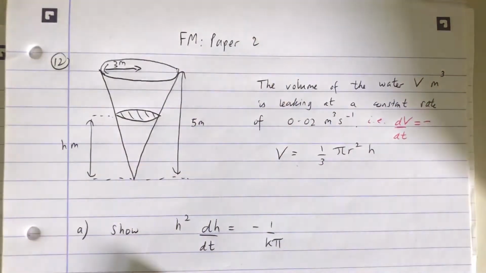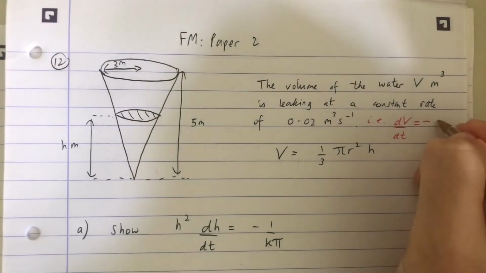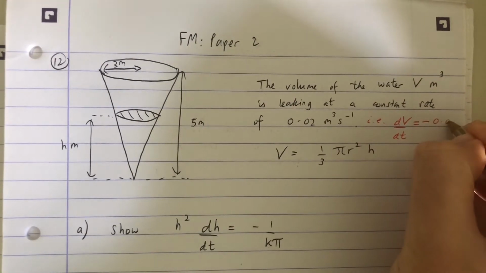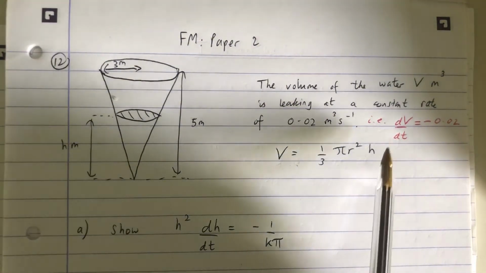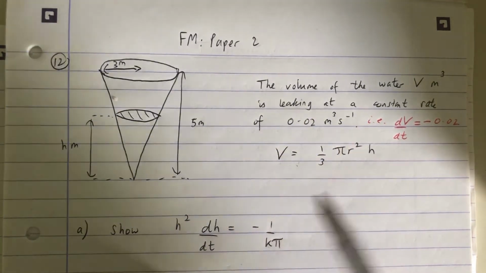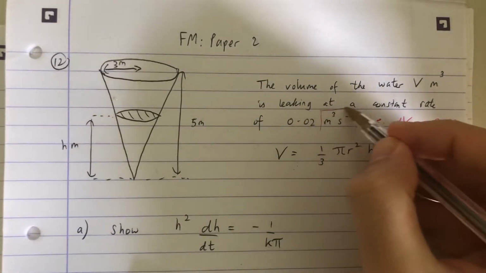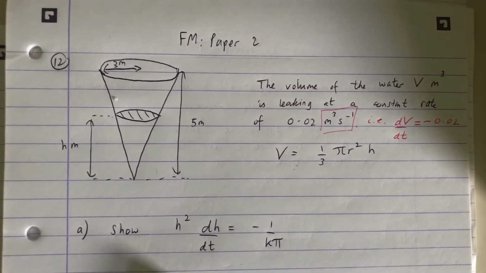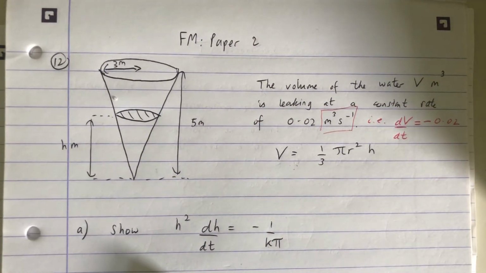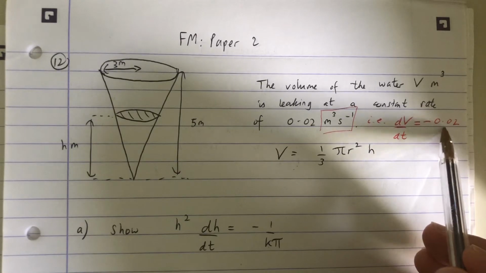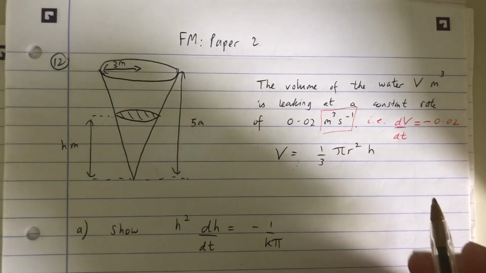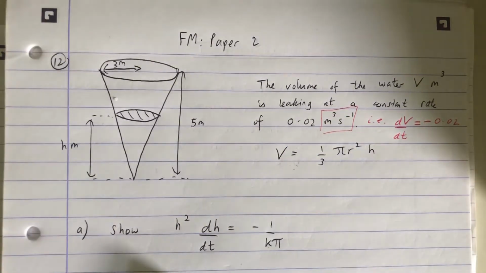So it's a negative 0.02. Now the clue on why it's dV by dt is in the units there. Meters cubed per second. Meters cubed is a volume, per second is time. So that is why I chose dV by dt is equal to negative 0.02. And the negative is because it is leaking.